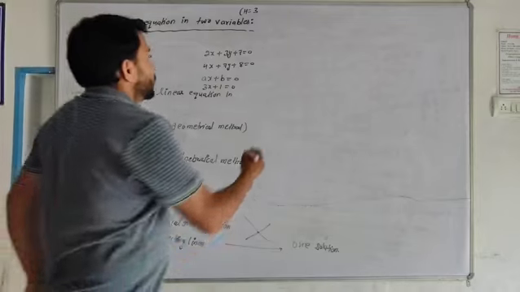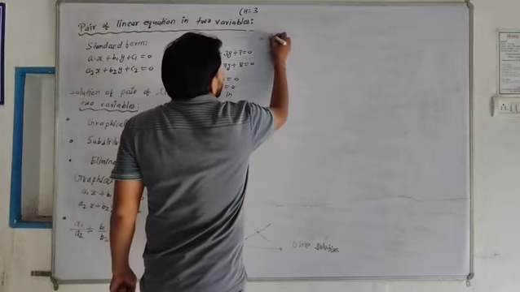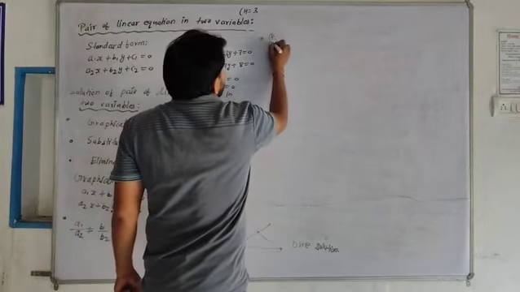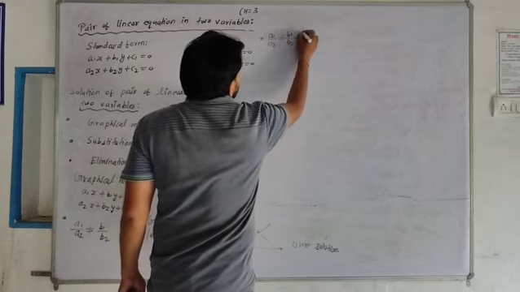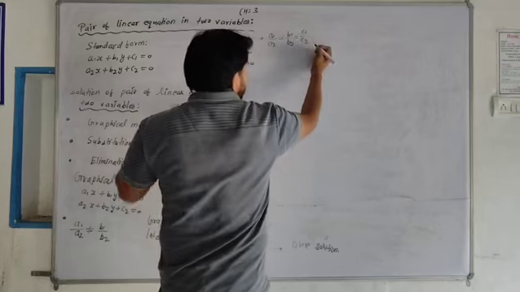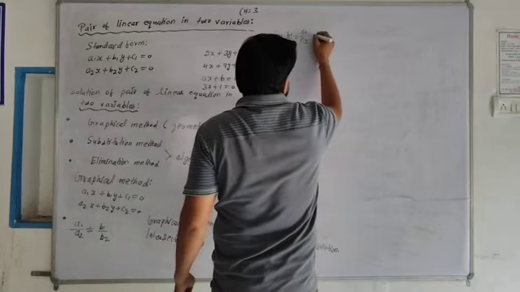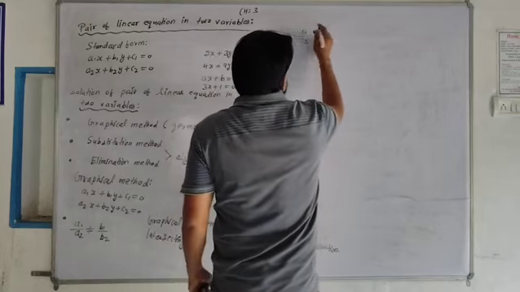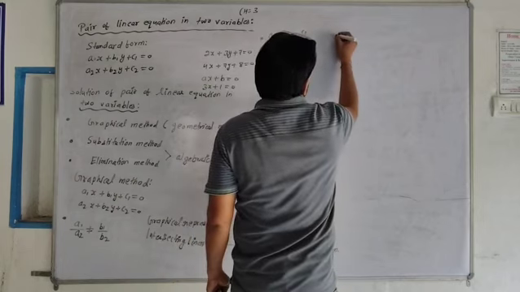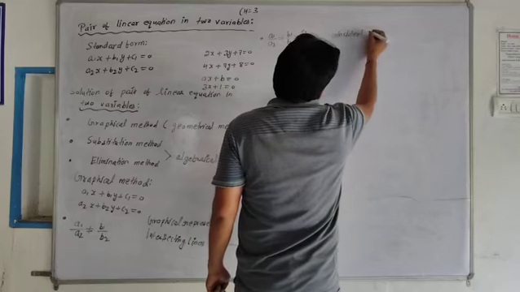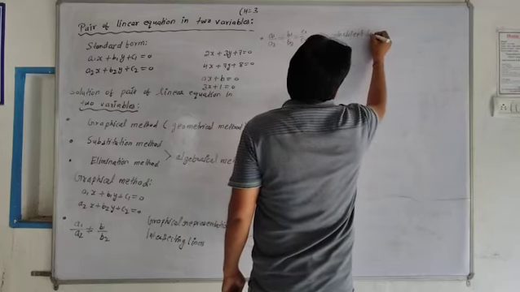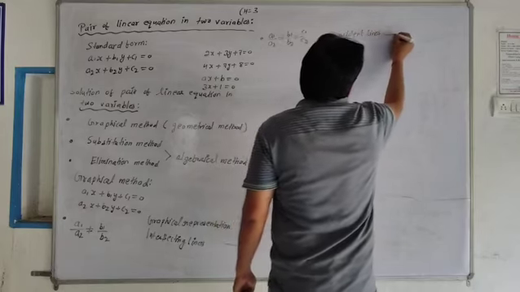Now next point we discuss here: a1/a2 = b1/b2 = c1/c2. Graphical representation: coincident lines.